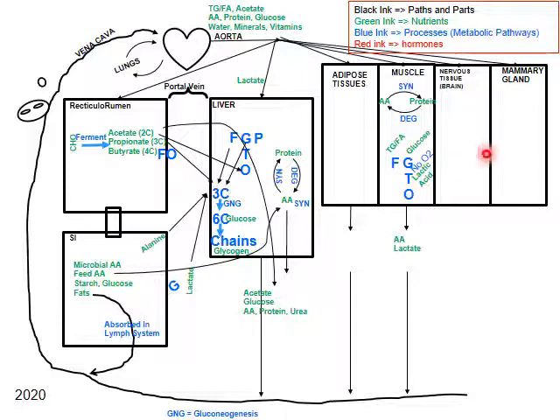Looking at muscles, we have amino acids coming in. There's a synthesis there, and we create the proteins that are necessary for muscle contraction. So the actin myosin complex, actin helix, those proteins can also be broken down, regenerating that amino acid pool.